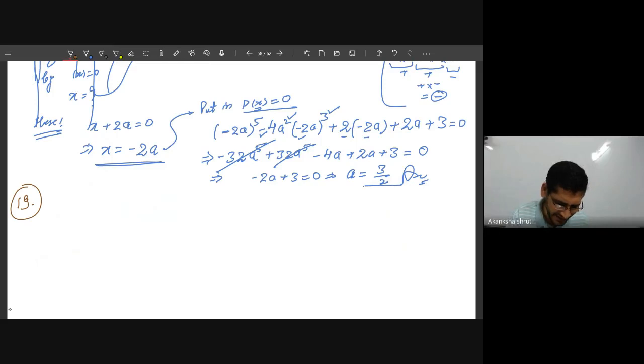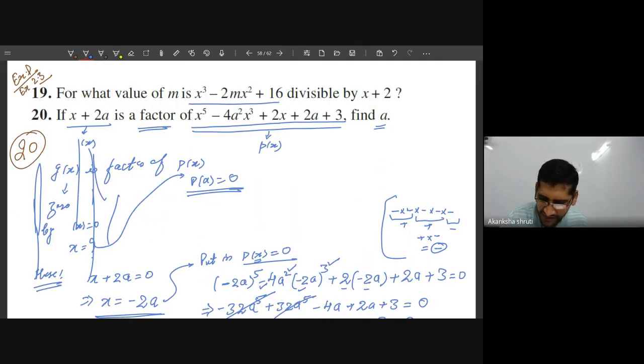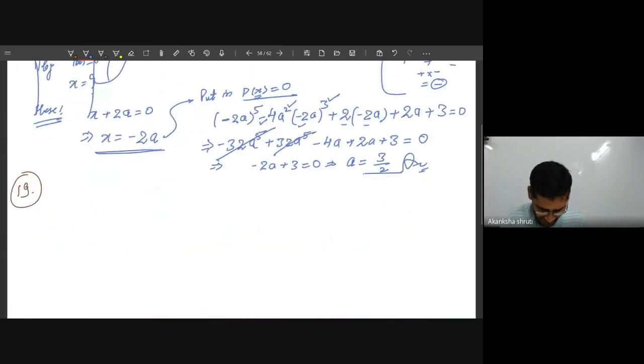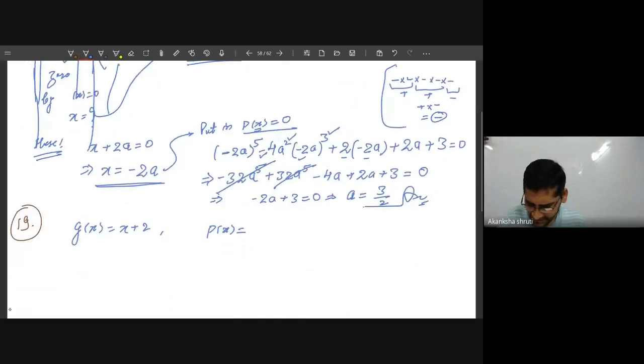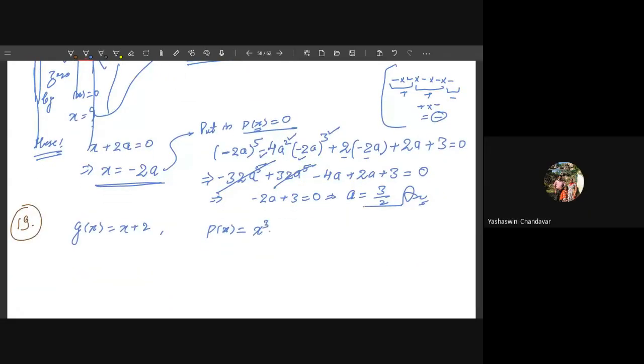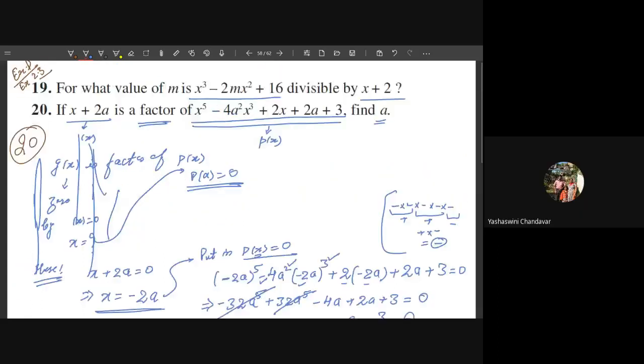What is given is p(x) like this one and g(x) like this one. So g(x) is x plus 2 and p(x) is the bigger one: x cube minus 2 m x square plus 16.